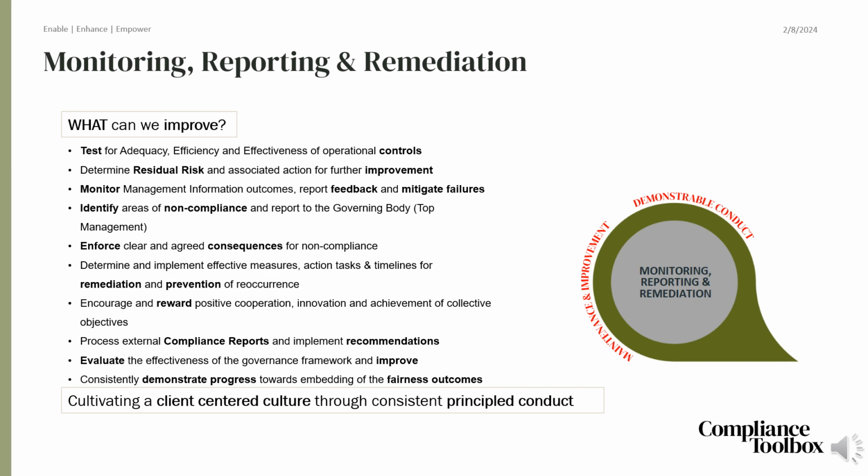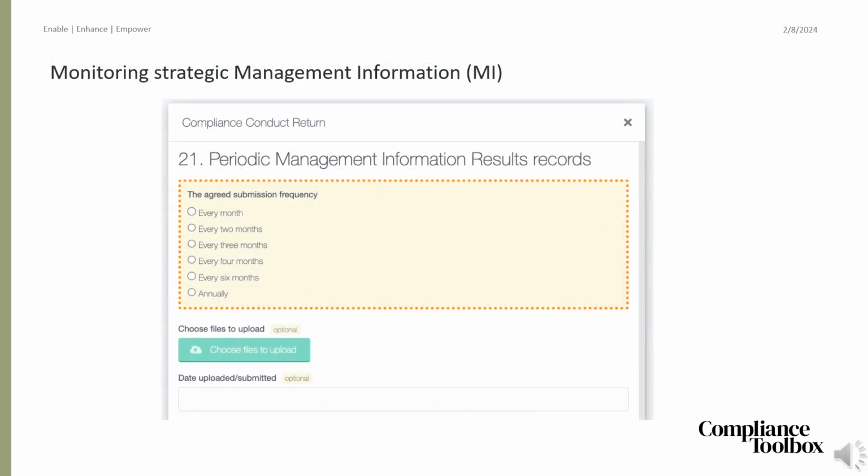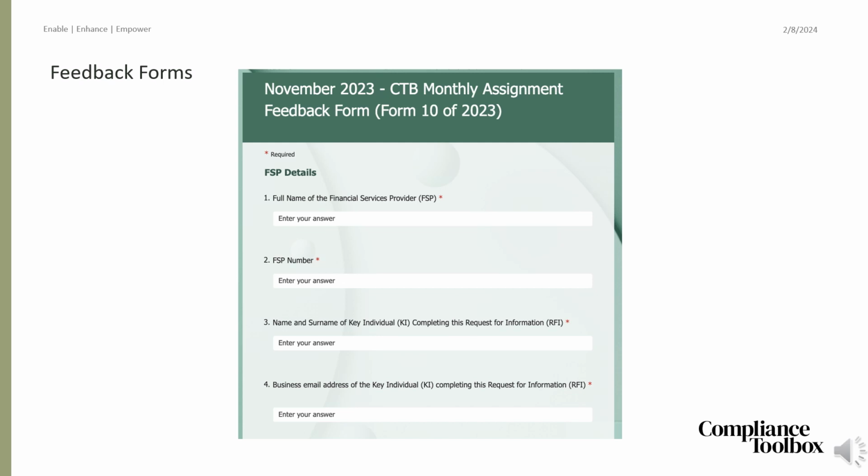Let's again look at how this is incorporated into the CTB system. The Compliance Conduct Returns Register, or CCR, contains a section for recording management information statistics and outcomes relating to the monitoring of internal procedures, prioritized for their importance in promoting the client fairness outcomes. As mentioned previously, after completing monthly assignments, FSBs are required to complete a monthly feedback form related to the particular month's assignment.